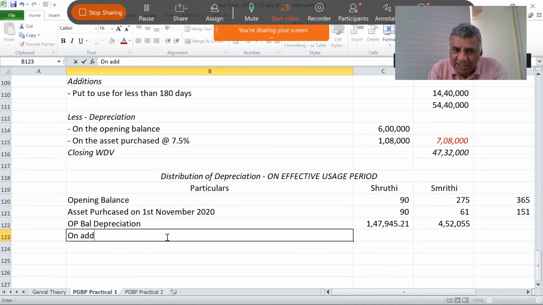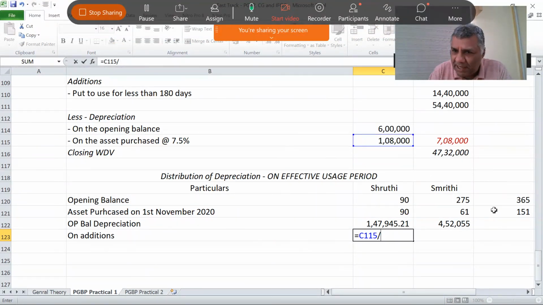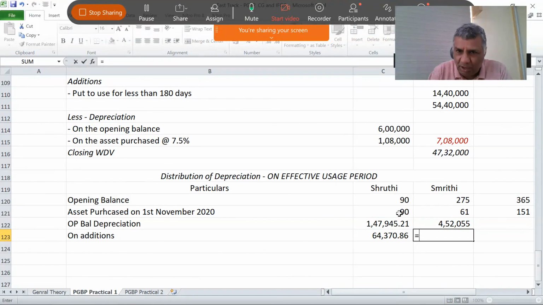On additions, 1,08,000. Total usage period itself is 151. Of that, 90 belong to Shruti. The balance belongs to Smriti.